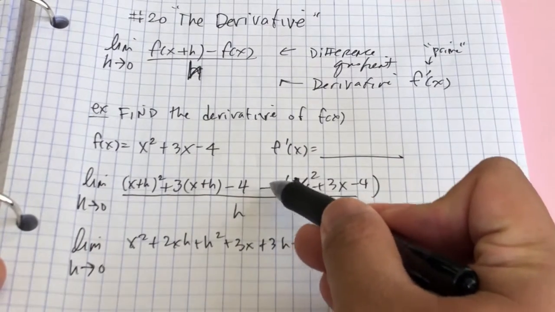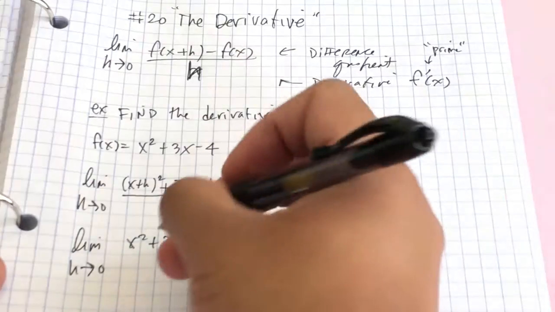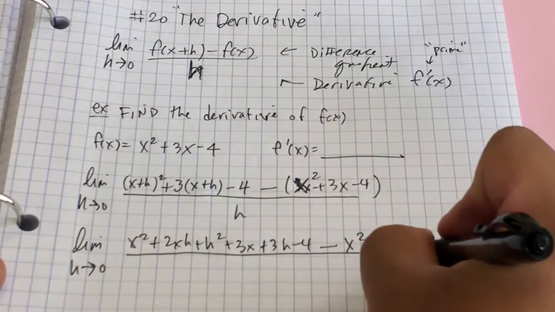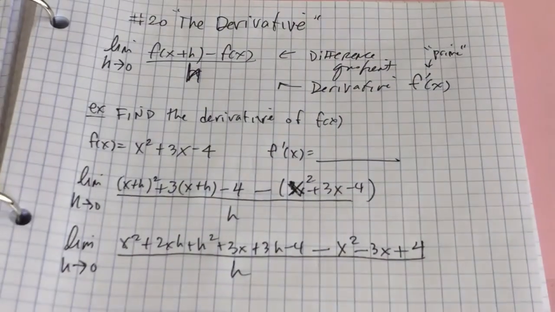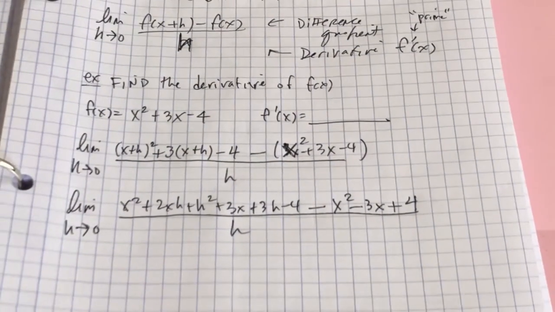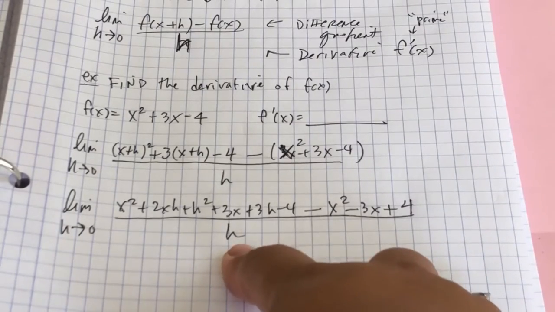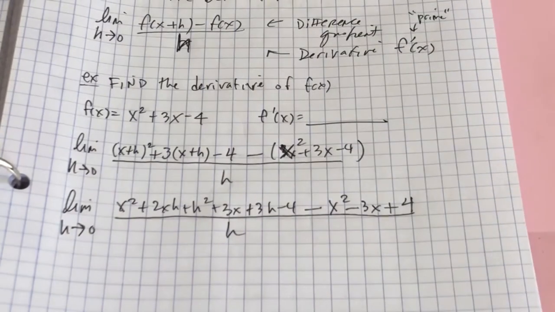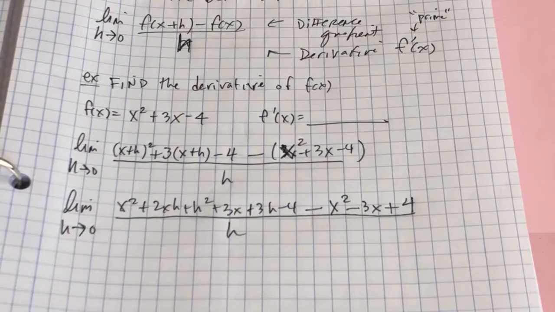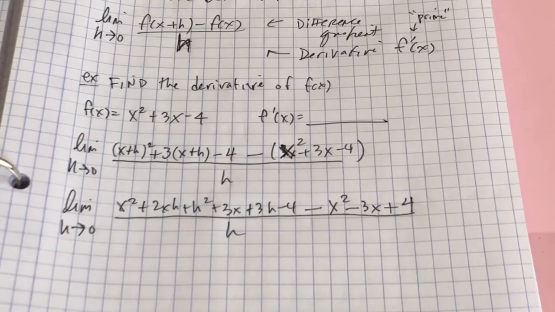Again, I distributed this negative here, here, and here. And then again, this is all over h. Once again, the goal is to plug in 0 for h. Right now you can't, because we get something undefined there. But if we did this correctly, things should start to cancel.